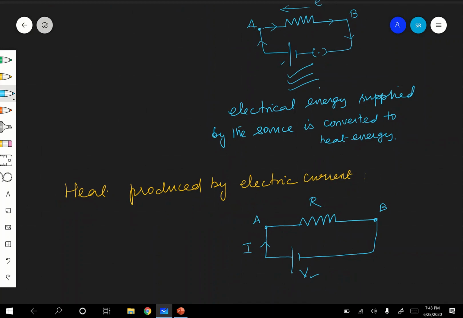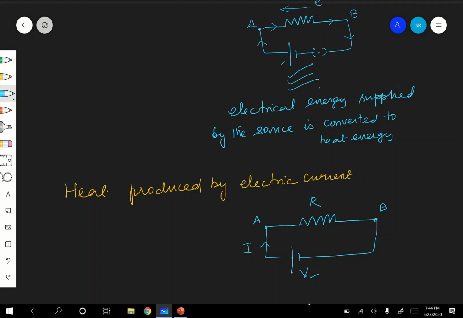Now see here. Consider AB is a conductor of resistance R, and let V be the potential difference, I the current, everything is known, right? And I am sending the current for time t. Is it clear?